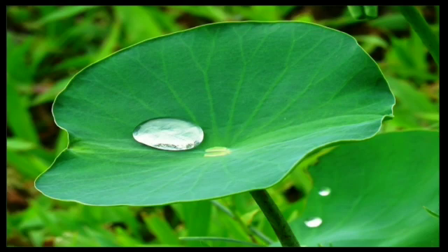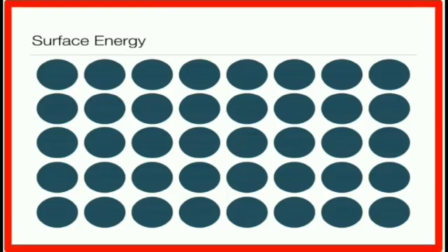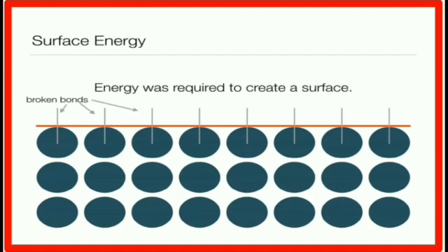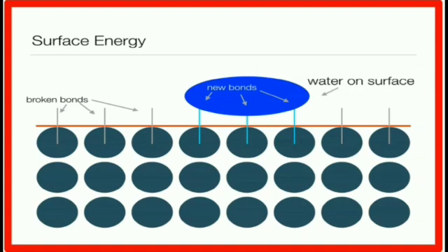Before we dive in detail into the Lotus effect, it is important to have an understanding of a concept called surface energy. Imagine there is an infinite array of atoms bonded together, an infinitely large piece of material.